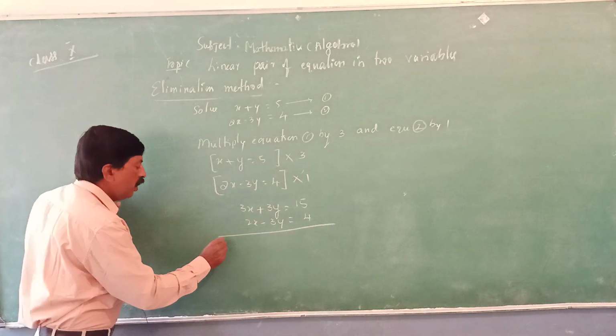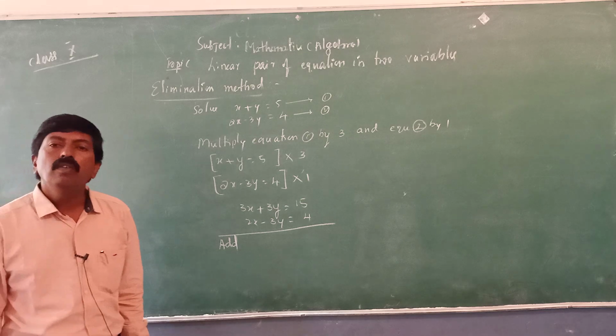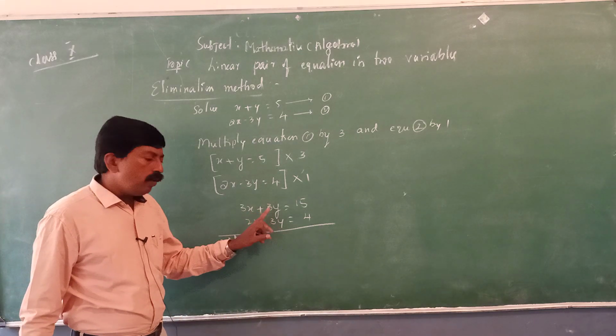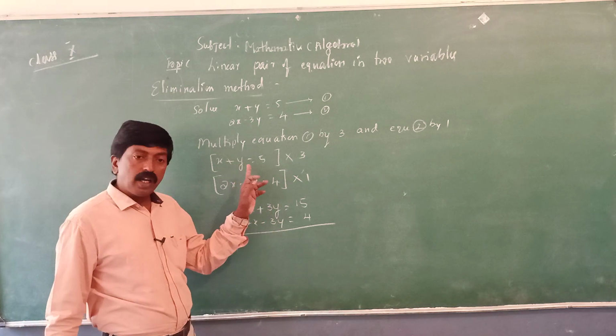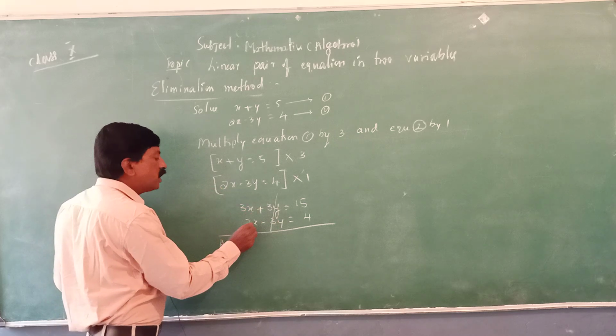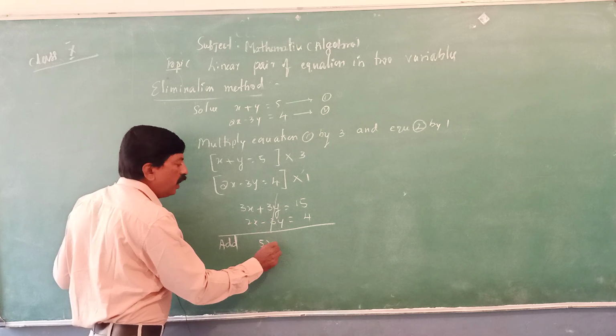What do we have to do? Add these two equations because we want to eliminate either x or y. Here the two numerical coefficients are the same with opposite sign. So instead of subtraction we can add these two and y is eliminated. 3x plus 2x is 5x.